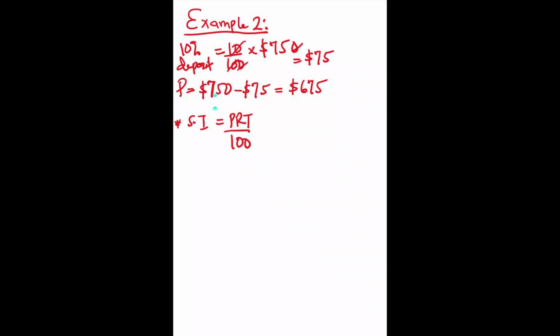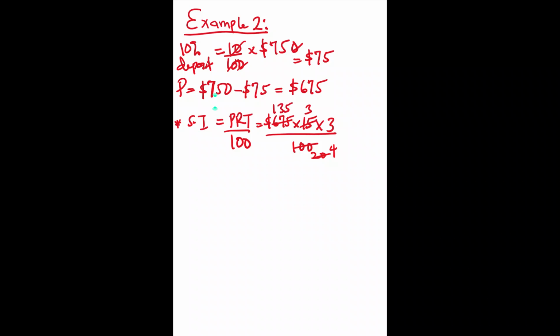Now we're going to calculate the simple interest. Simple interest was PRT over 100. So that will be $675 times the interest rate, which is 15%, times time is 3 years, divided by 100. If we use 5 to divide 100, we get 20. We use 5 to divide 15, we get 3. We can still use 5 to divide 20, it gives us 4.